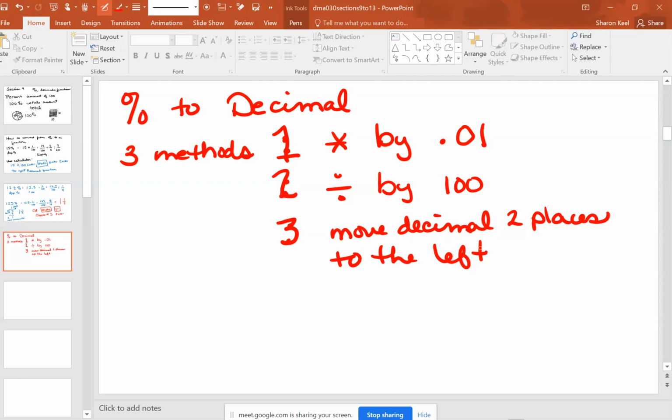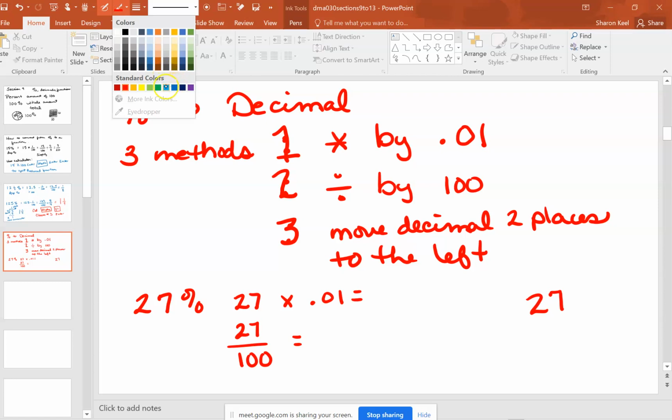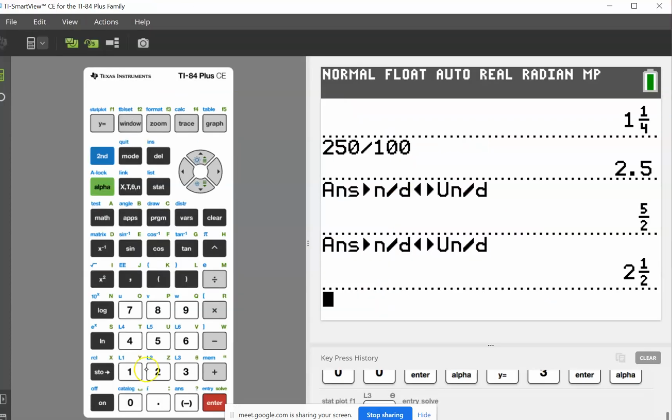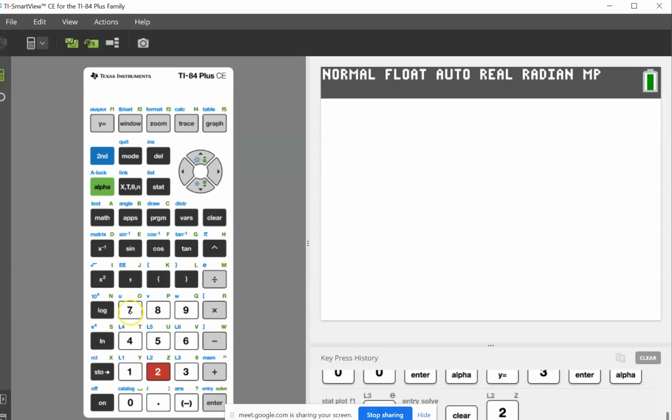So, for example, if I were to have 27%, I can multiply 27 times 0.01. I could take 27 and divide it by 100, or I can move the decimal. I'll show you how to do all three of these. So for the first one, let's clear 27 times 0.01.